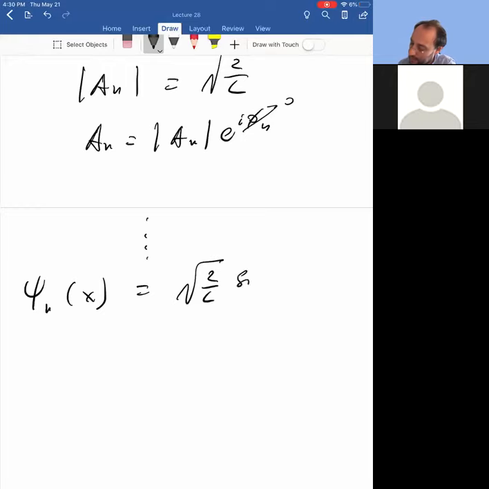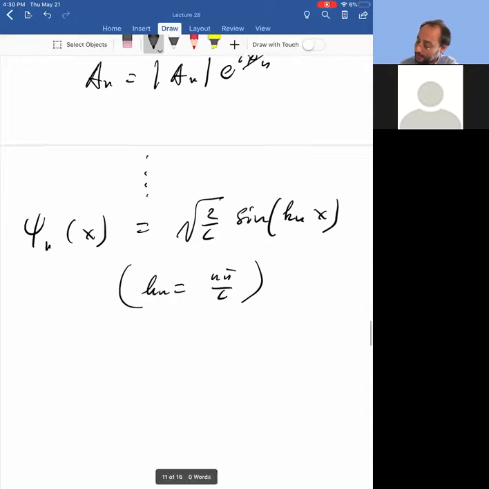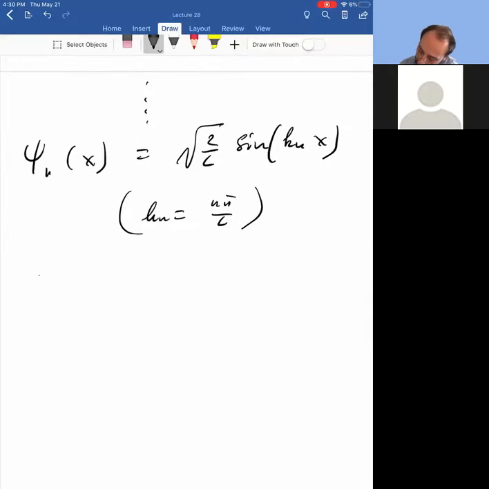They look like this. Nice and clean. Remember that E sub n equals h bar squared k sub n squared over 2m, just from the definition of k.